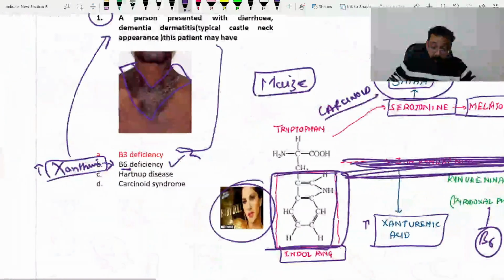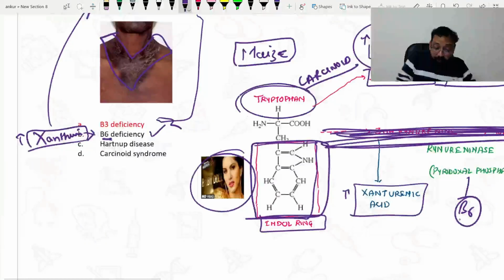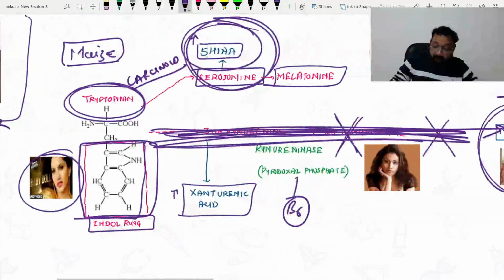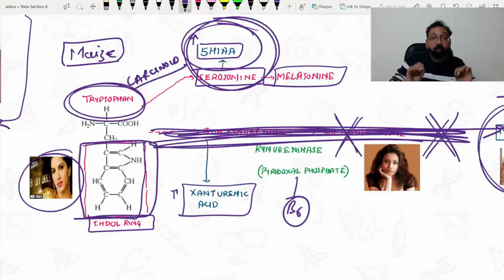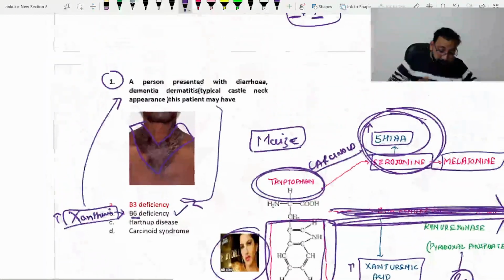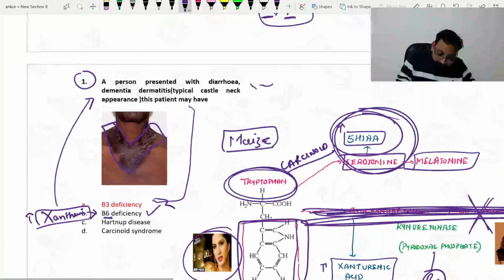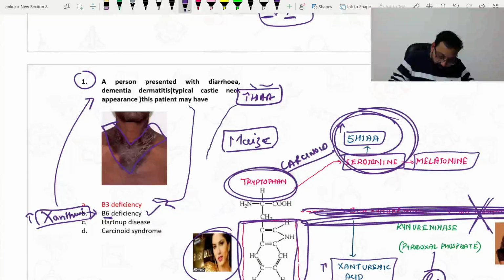So if carcinoid syndrome is there, tryptophan will be converted to increased HIAA. Niacin will not be formed. There would be pellagra-like symptoms. So in the same question, if they give that there is increased HIAA, you will think in your mind, yes, carcinoid syndrome.